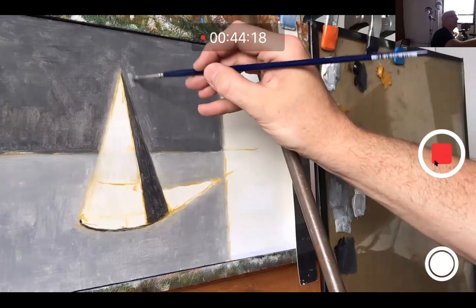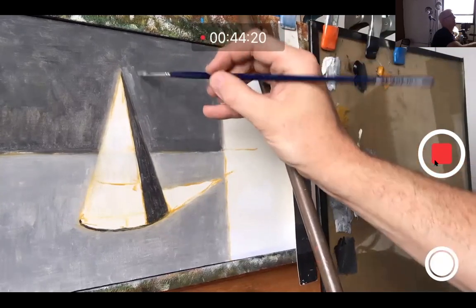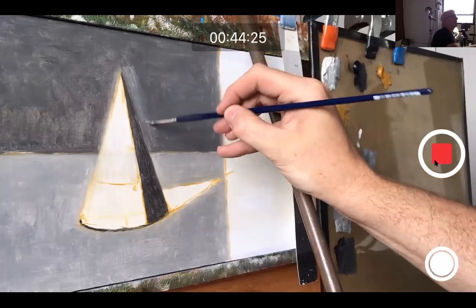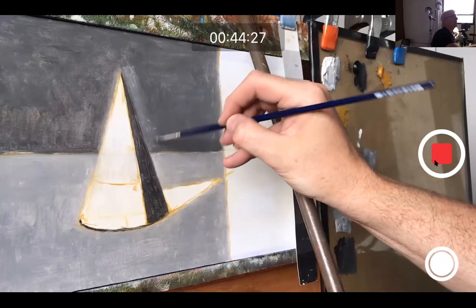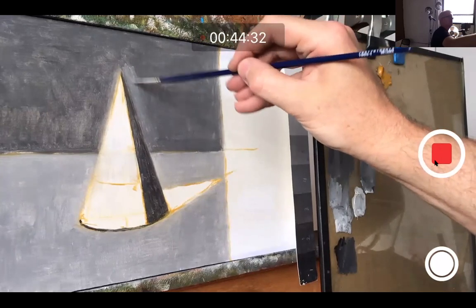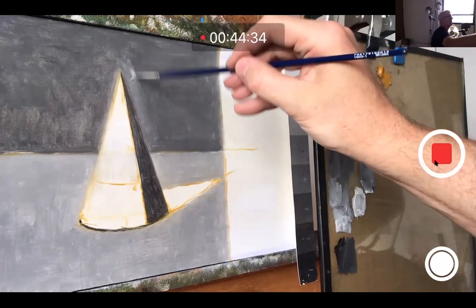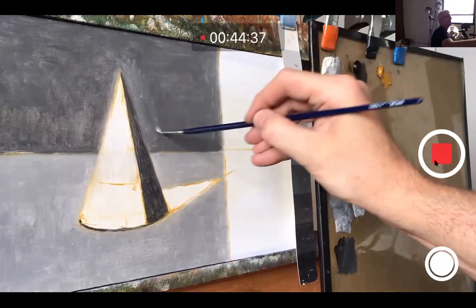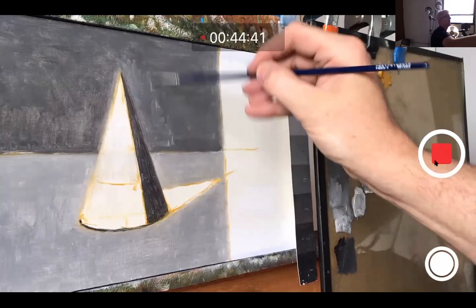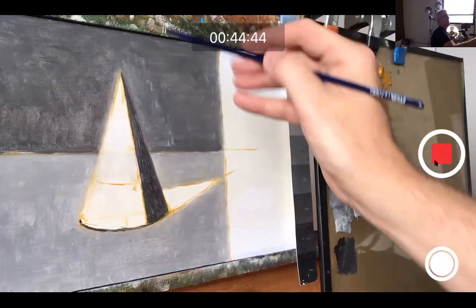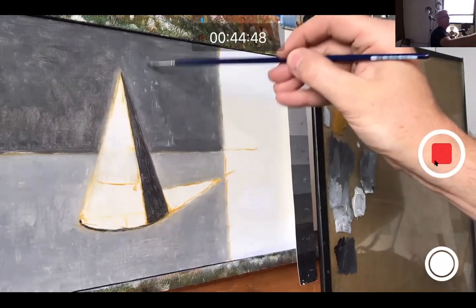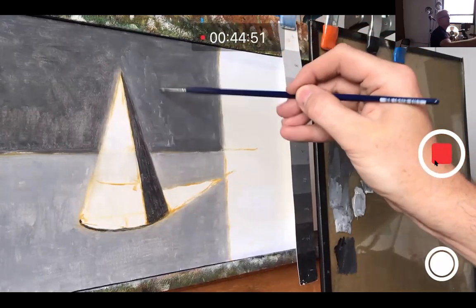So I'm going to lighten the value of the background where it meets the form shadow on the cone just a little bit. I'm going to soften that out into the value of the background around it.